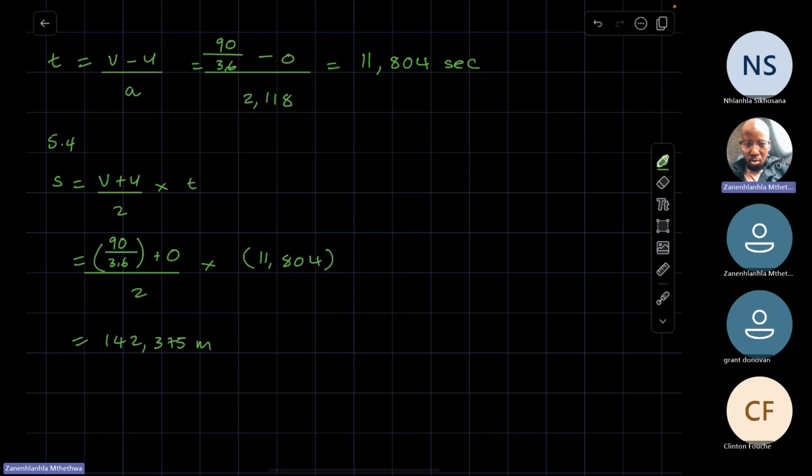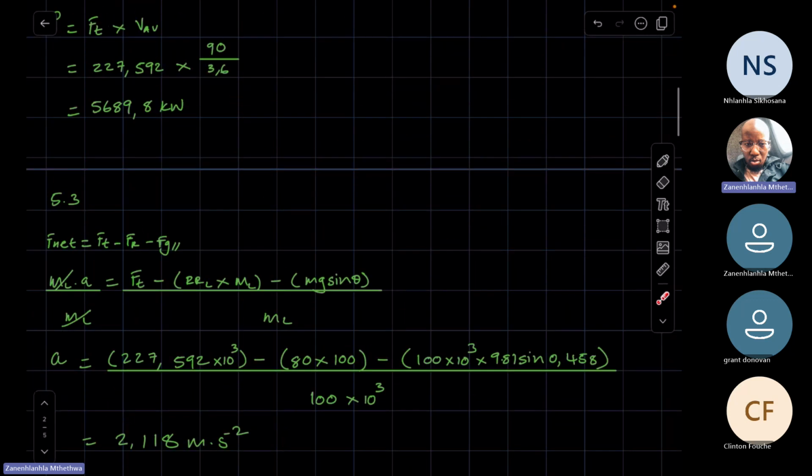So I'm getting 147,55 meters, right? And that is how you would calculate the distance traveled.